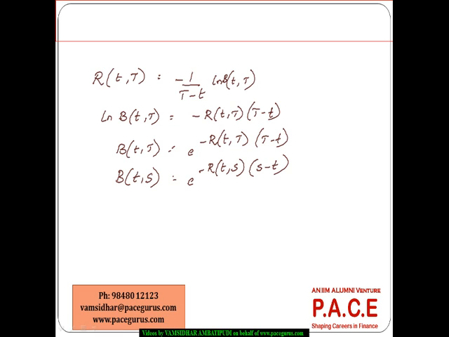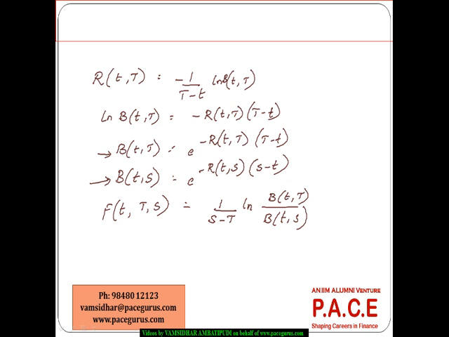Now this is the price of the bond which is maturing in time T, and this is the price of the bond which is maturing in time S. Now I need the rate between T and S. That is what will typically give me the forward rate between T and S, which works out as 1 by (S minus T) times log of B(t,T) divided by B(t,S).